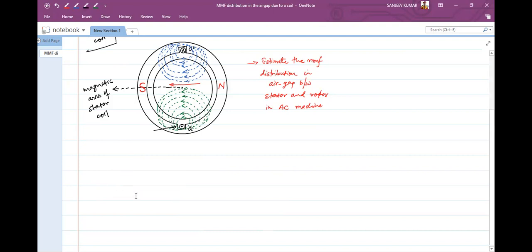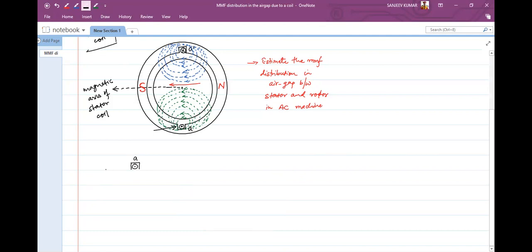We want to draw the stator on the upper side. You want to draw A like this.